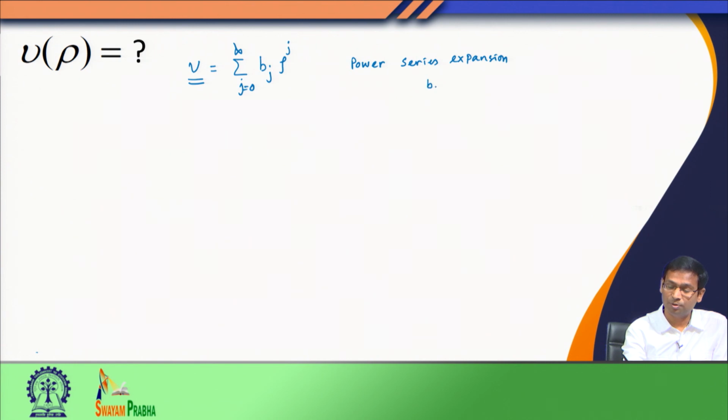The first term will be simply b 0, the second term will be b 1 rho, the third term will be b 2 rho square, the fourth term will be b 3 rho cube and so on and so forth. So, this is what the power series expansion does.